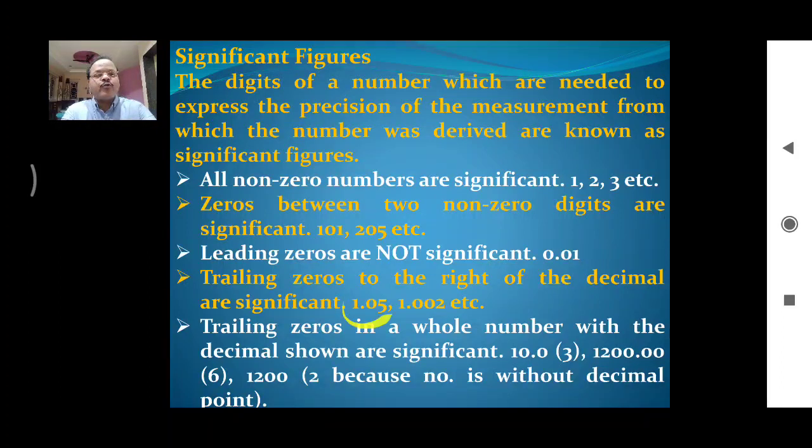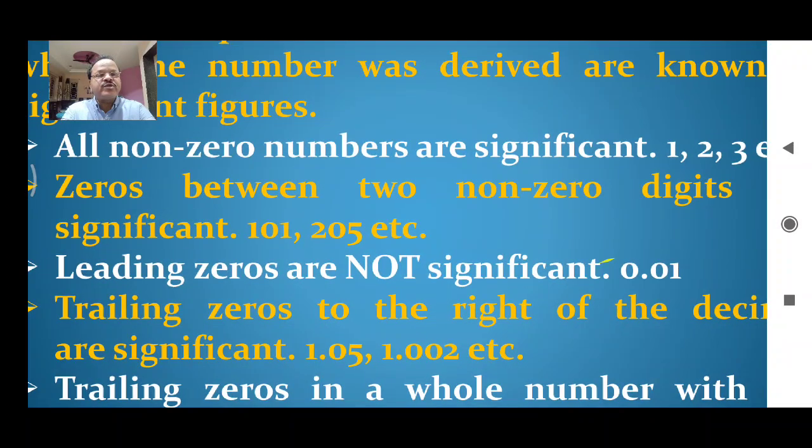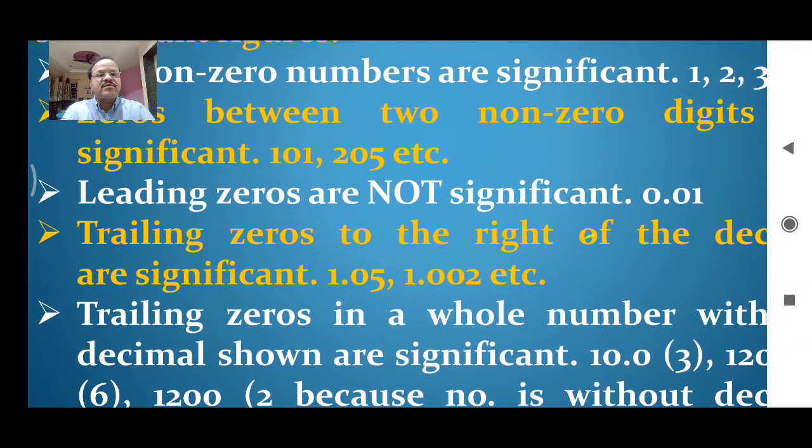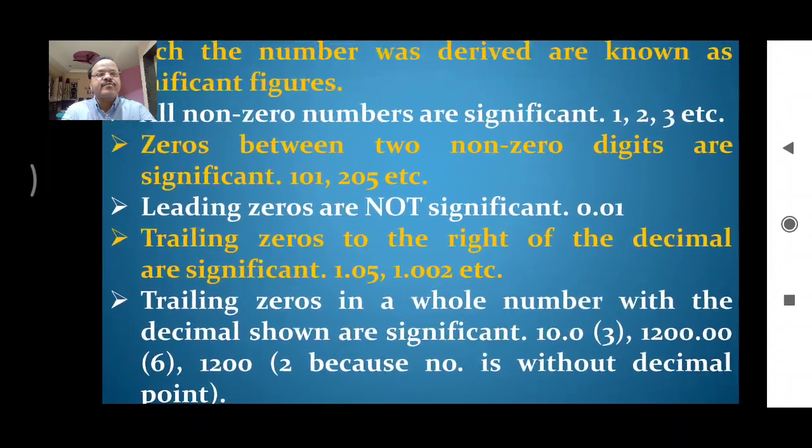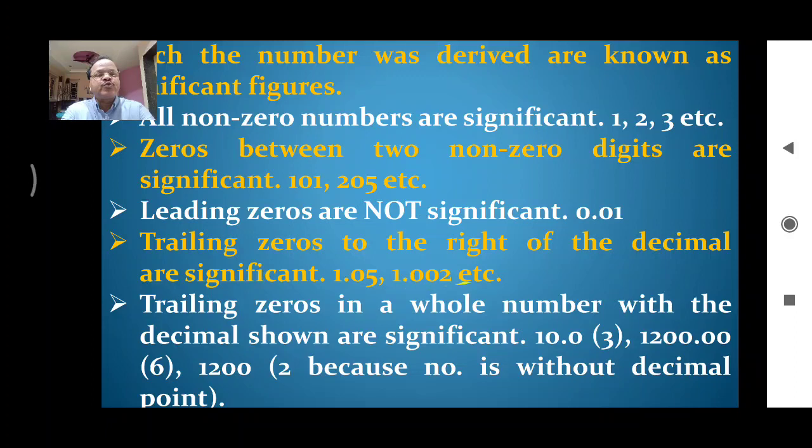For example, 1.05. In this case, 0 is the significant one. 1.0. Let me zoom this so that you can see this clearly. So here this is 1.002. So these two zeros are significant.